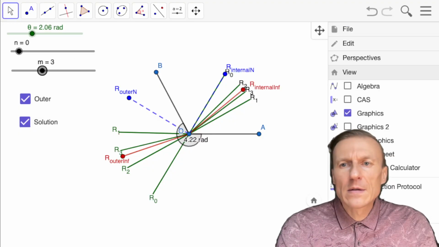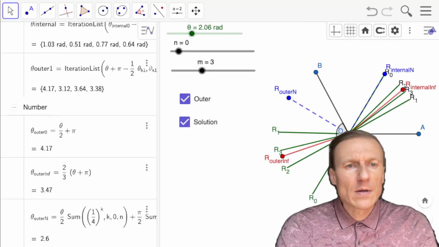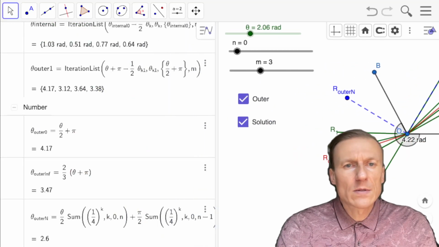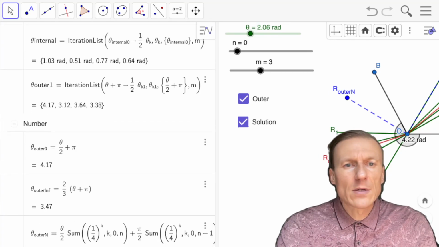And let's check also the algebra view results for the outer solution. Here is the formula, the outer iteration list. We have an initial term, which is constant, and only one independent variable, and m iterations.